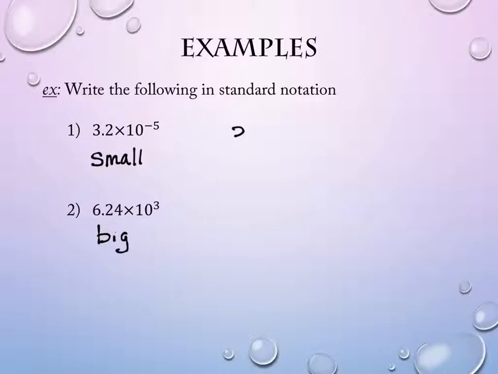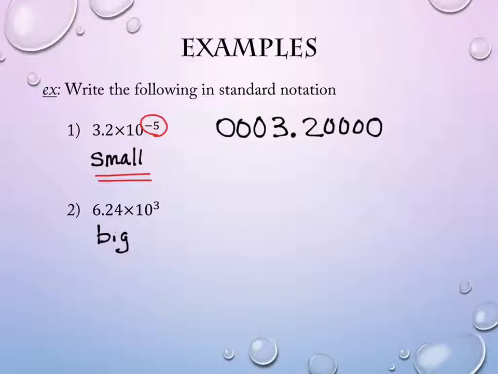So I'm going to give myself some space here. I'm starting out with 3.2. And technically, you can put zeros all over the place. We sort of ignore them when they're not helpful. We put them there when we need them, but there's just lots of zeros here, right? Before and after the value I'm given. This 5 tells me I'm supposed to move the decimal point 5 places. And the question then becomes, do I move it left or right? And the answer is based on where we expect our value to end up. We expect our number to be small when I'm done.